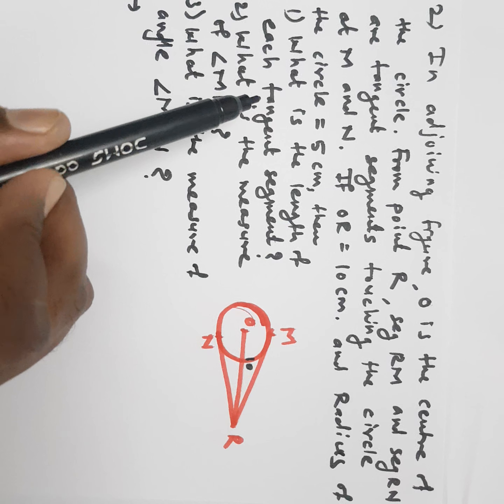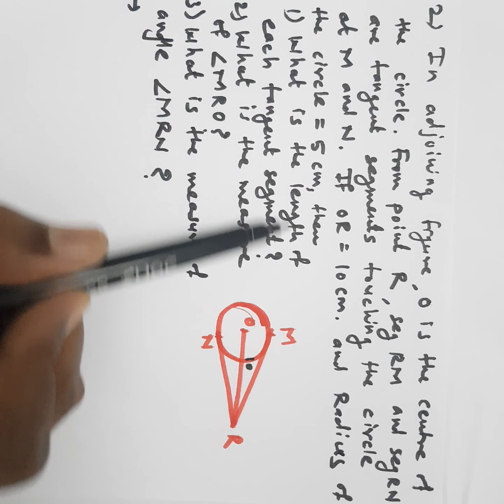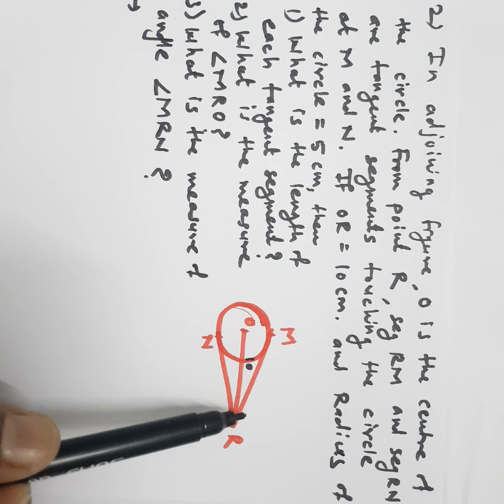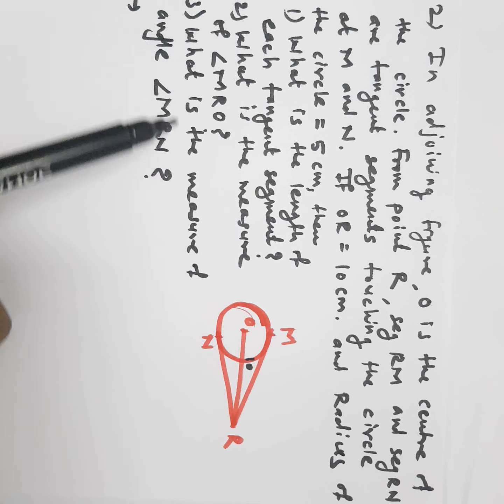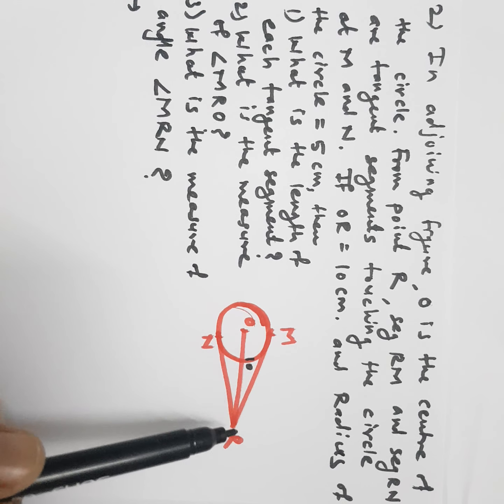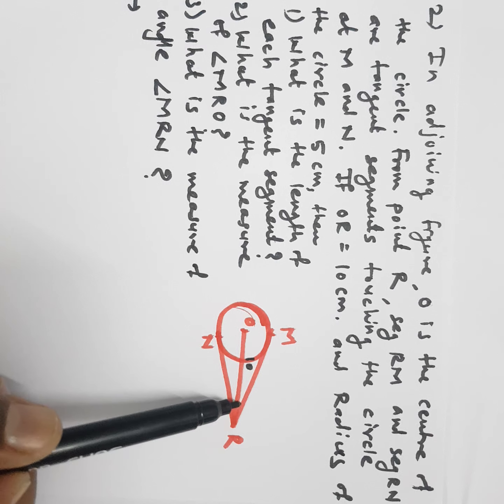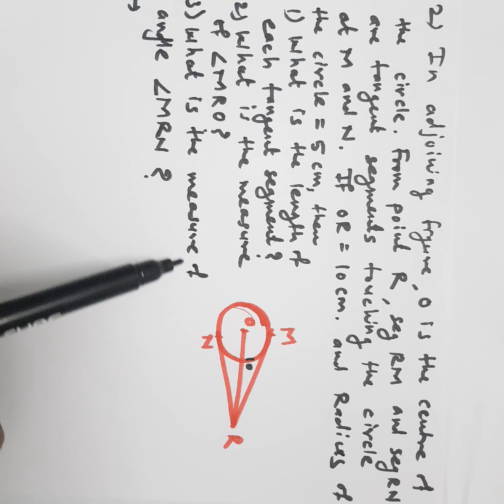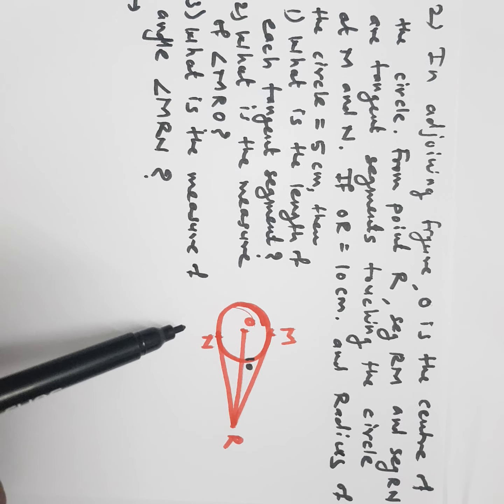First we have to find the length of each tangent segment, means RM and RN. What is the measure of angle MRO, and what is the measure of angle MRN?